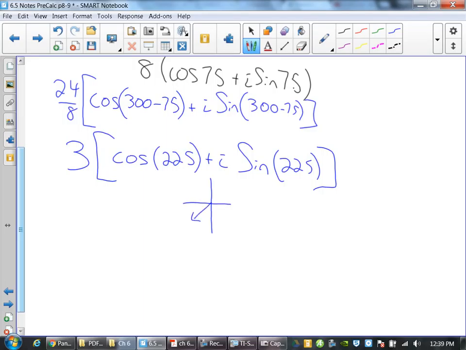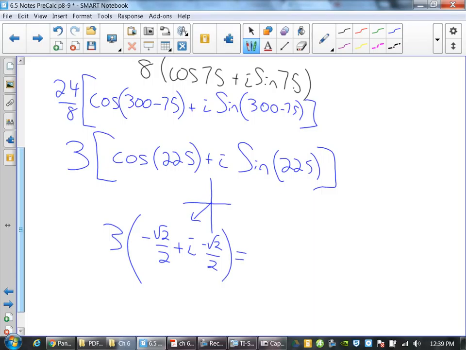Cosine, positive or negative in the third quadrant? Negative. What's the cosine of 45? It'll be root 2 over 2, but negative. So it's 3 times negative root 2 over 2 plus I, and again, sine is negative in the third quadrant, so we wind up with a negative root 2 over 2.